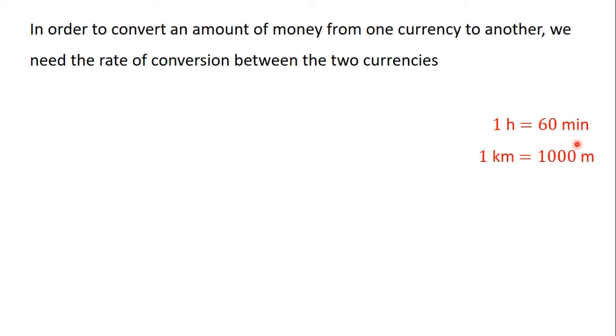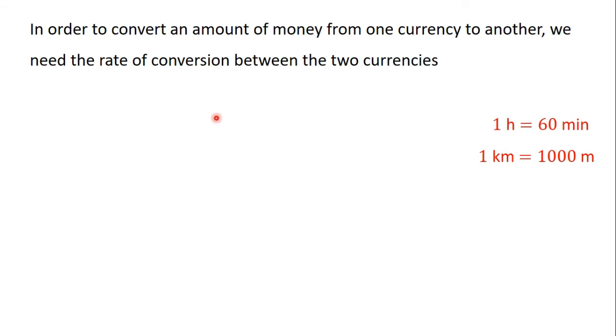In the same way, in order to convert distance from kilometers to meters or meters to kilometers, you will need the rate of conversion between kilometers and meters, which is 1 kilometer is equal to 1000 meters. We have learnt this in the previous videos. Now, in order to convert an amount of money from one currency to another, we will need the rate of conversion between those two currencies.